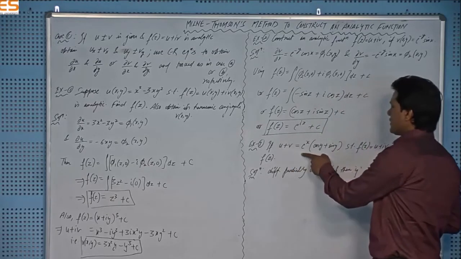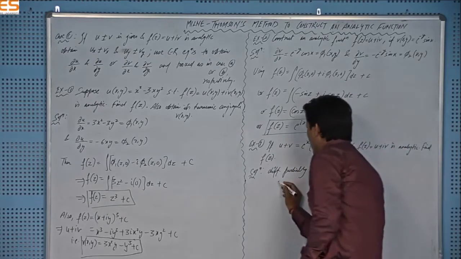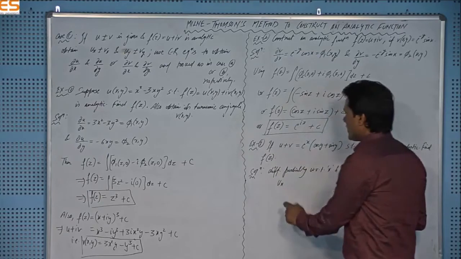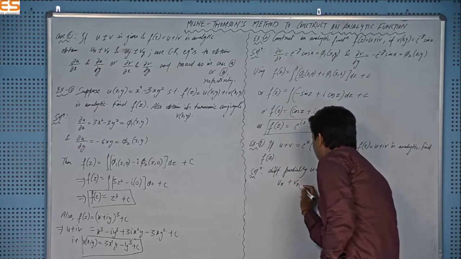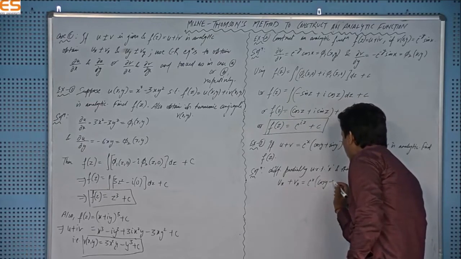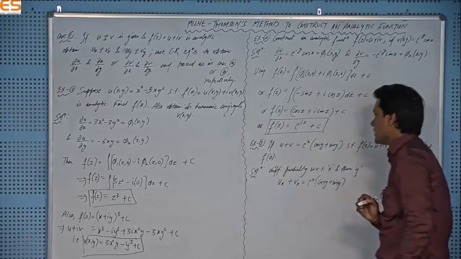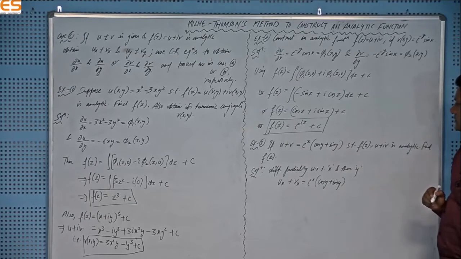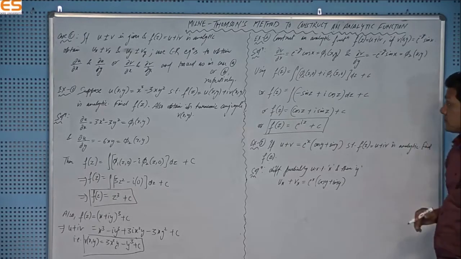First I will differentiate it with respect to x, and that will produce u_x, it means del u by del x, plus v_x equal to, with respect to x it will give e to the power x (cos y plus sin y), right?